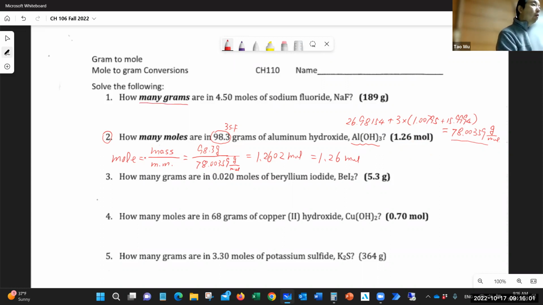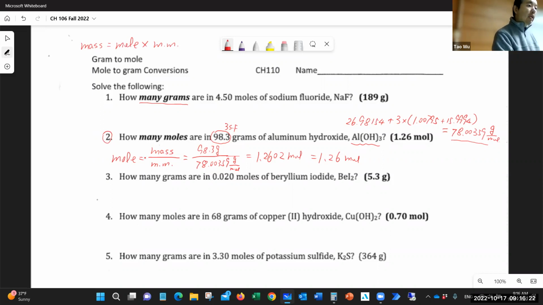Again, the equation is mass equals mole times molar mass. Mole times molar mass gives you the mass.